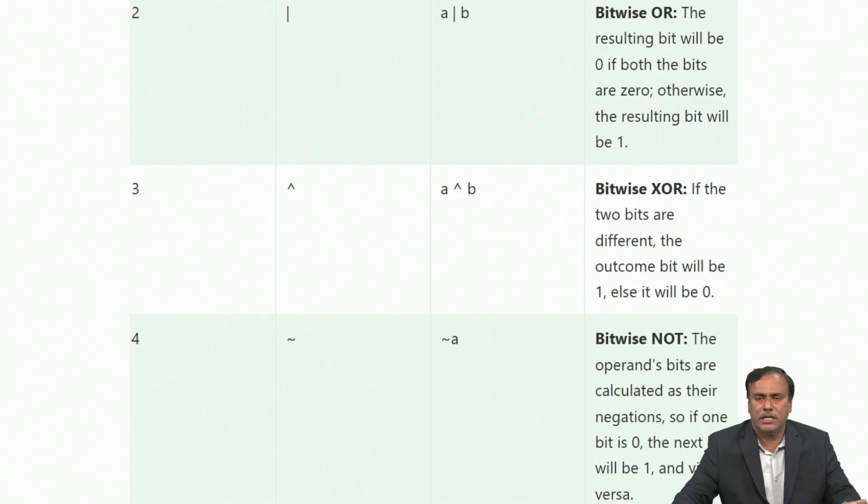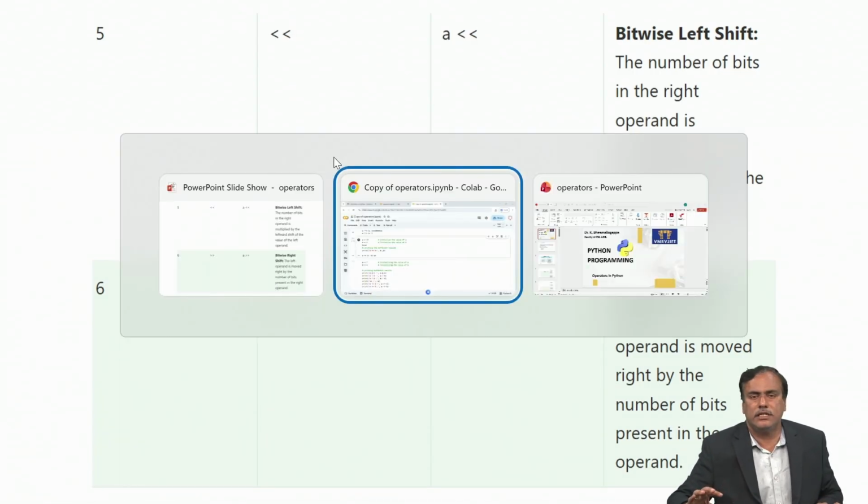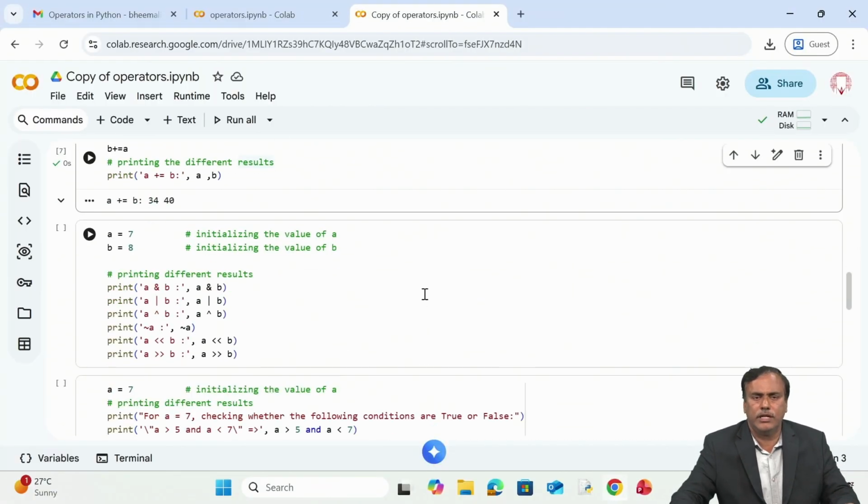In the remaining cases, it will be 1. And this is a negation operator, so you can get the complement. Moving on, we also have bitwise left shift and bitwise right shift. First, let us see these bitwise operators. Here I have taken 2 variables.